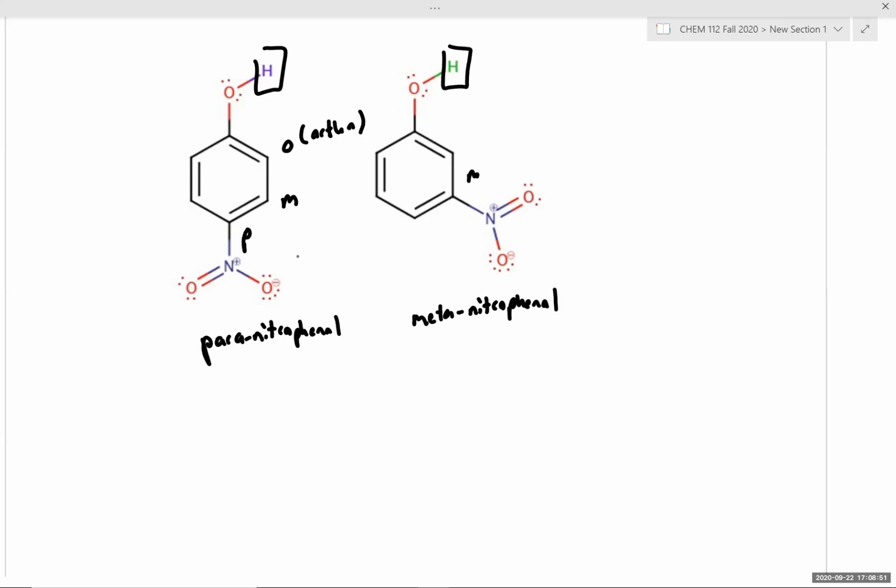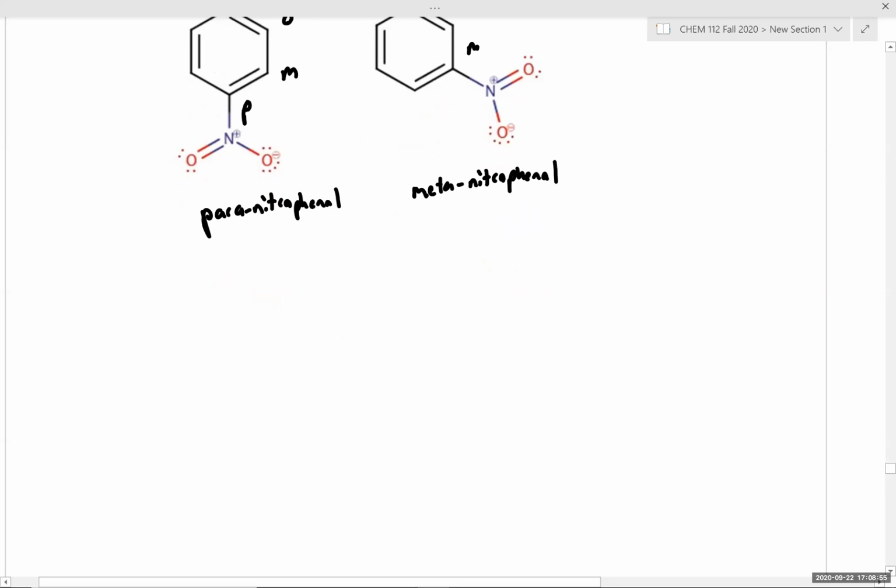So let's discuss this example. So presumably if we generate the conjugate base of each of our two compounds, let's then focus on assessing the relative acidity of each of these two compounds.